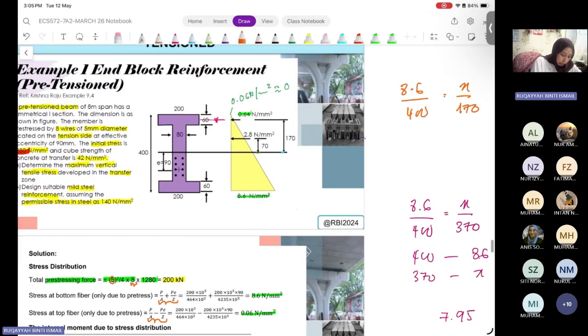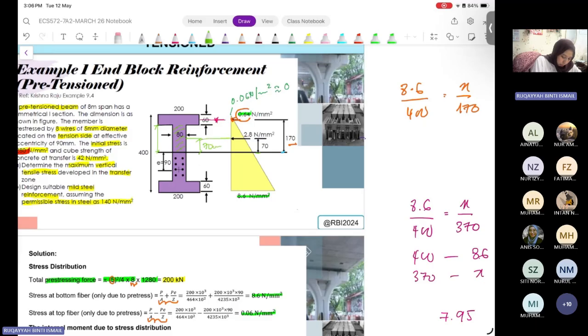So at this particular point, with a distance of 170, you will get 0.64, and half of this part, which is the height, is around 400 minus 120. So half of it, this distance, will be 70 mm.